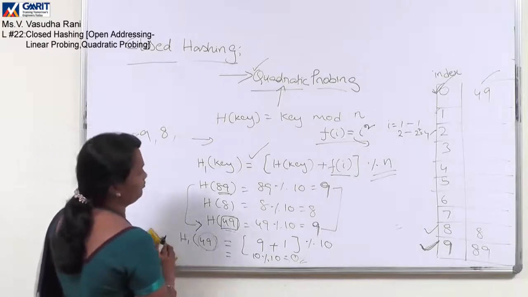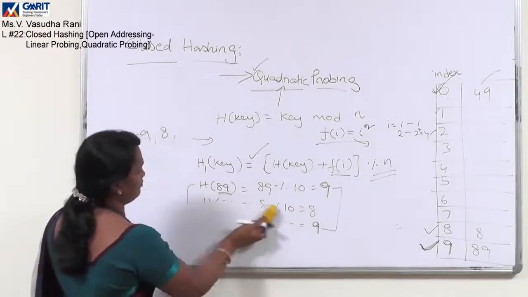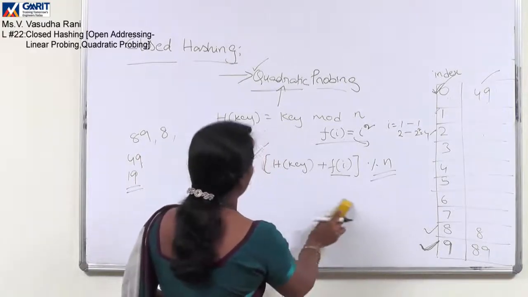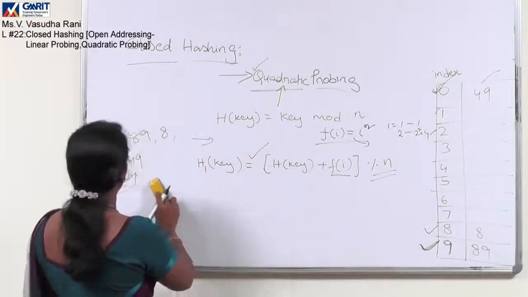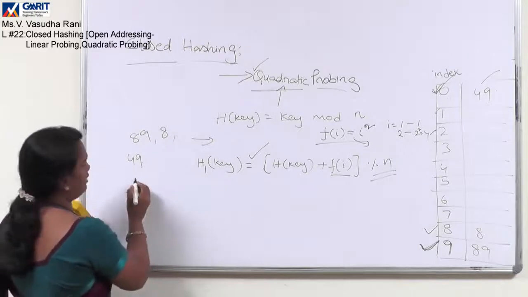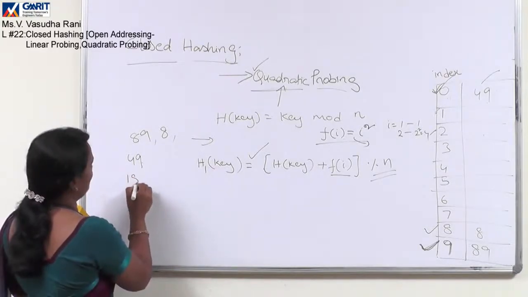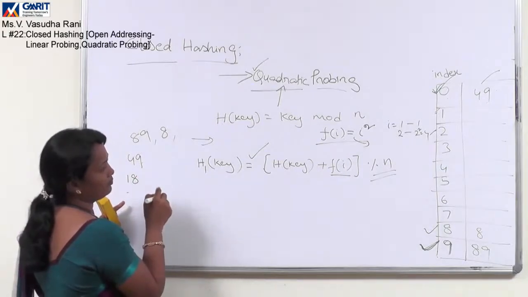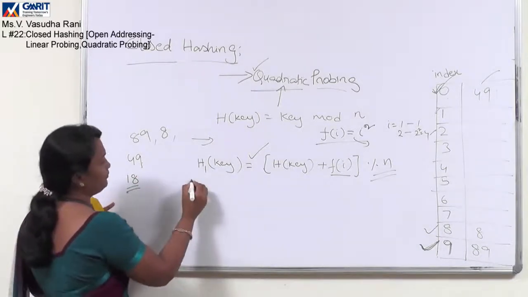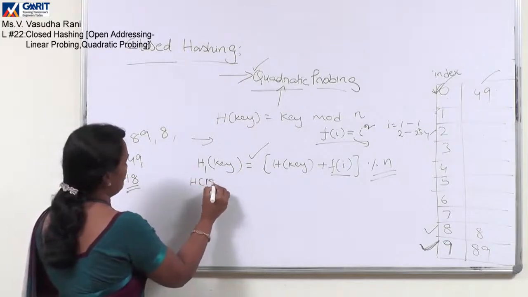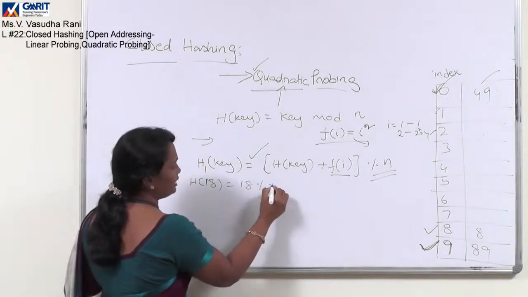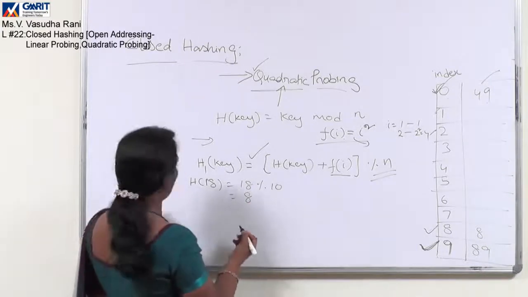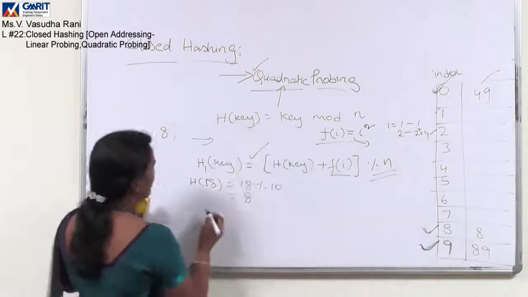Now let us take 18. h of 18 is 18 mod 10, which is giving us 8, but 8 is already filled.